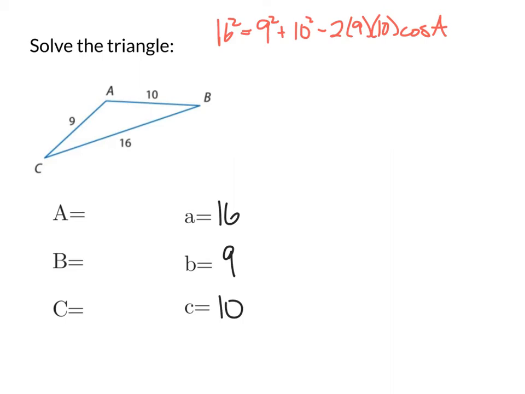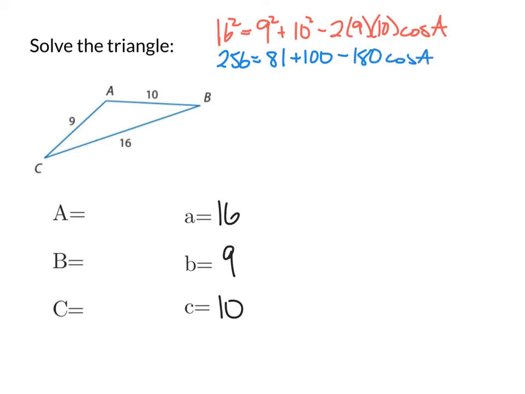What you need to do instead is take it in small pieces at a time. Like that 16 squared is 256. 9 squared is 81. 10 squared is 100. And then 2 times 9 times 10, that's 18 times 10, or 180 cosine of A.